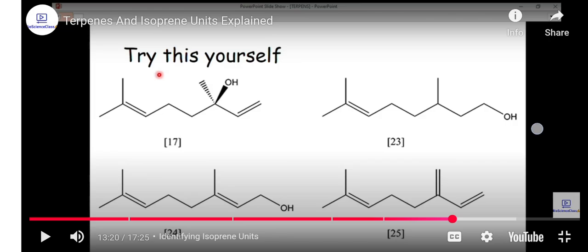So likewise, if you mark these 3 isoprene units, you will get 5, 5, 5. The second carbon will be attached with the CH3, right? So this is the first one, 2, 3, 4, and this is 5, and this is 5, this is 2, this is 1, this is 3, this is 4, that is 5, and this is 2, this is 5, this is 3, 4, this is 1, 2, 3, 4, 5.